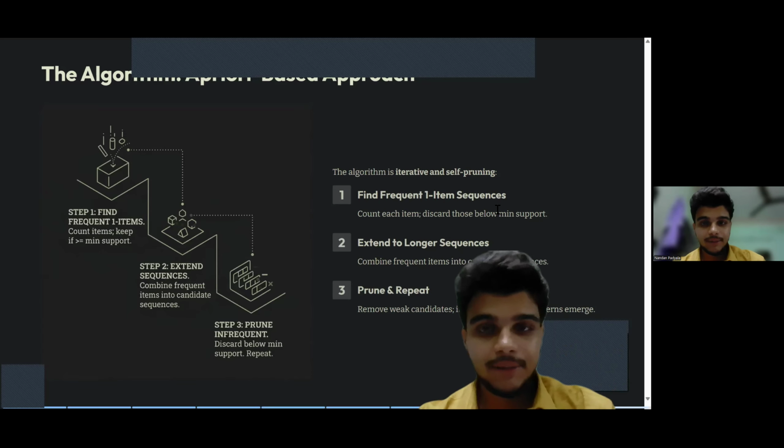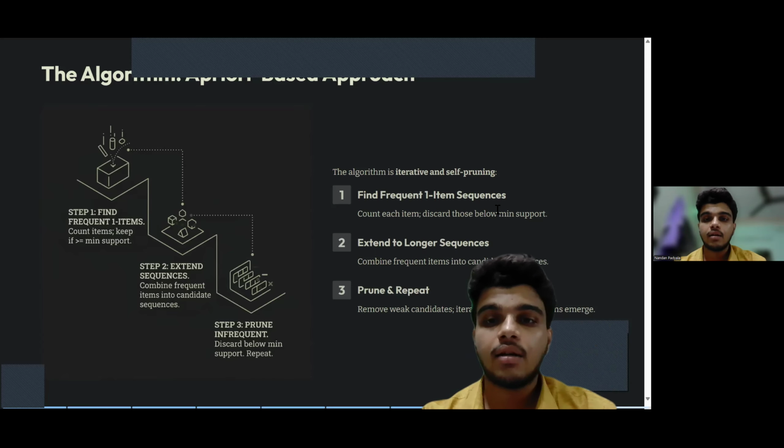So in this slide we saw that we use the Apriori-based sequential pattern mining algorithm. This algorithm is iterative and self-pruning. Find frequent one-item sequences, extend to longer sequences, combine frequent items into candidate sequences, prune and repeat.